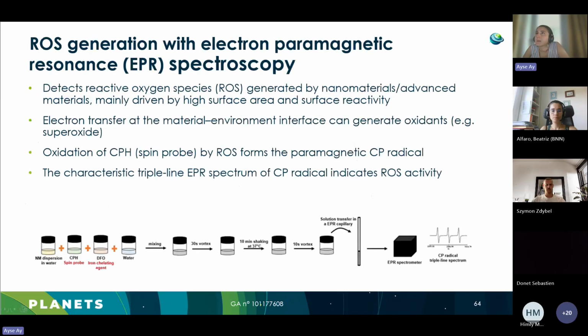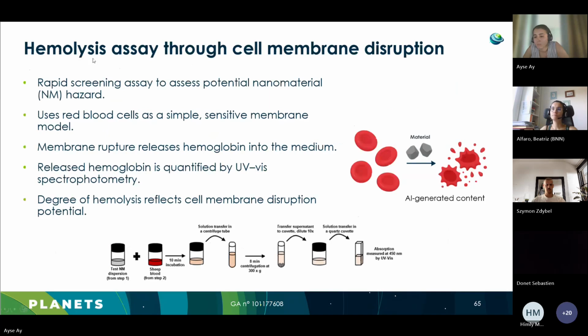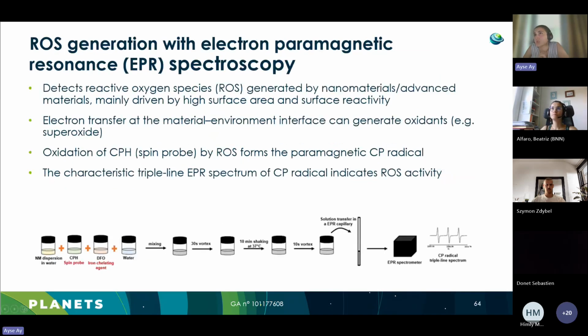And another method that I will continue with is the reactive oxygen species generation with EPR spectroscopy. There, we are generating a radical by using a spin probe.